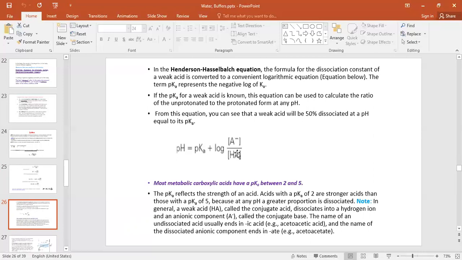When this ratio is 1, pH equals pKa. So each buffer solution shows maximum buffering capacity when the pH of the solution equals pKa.